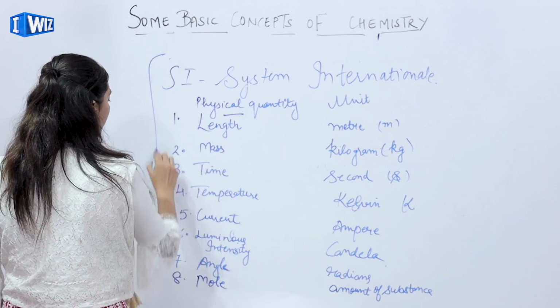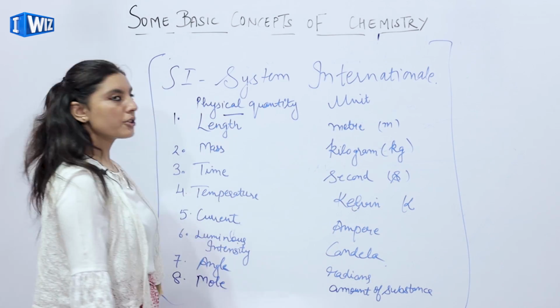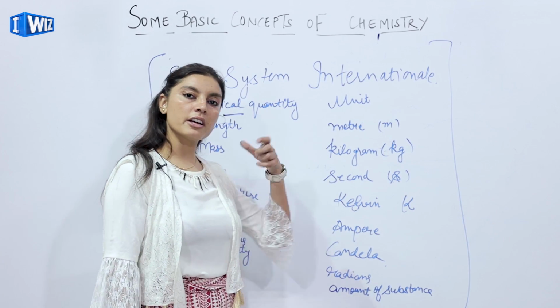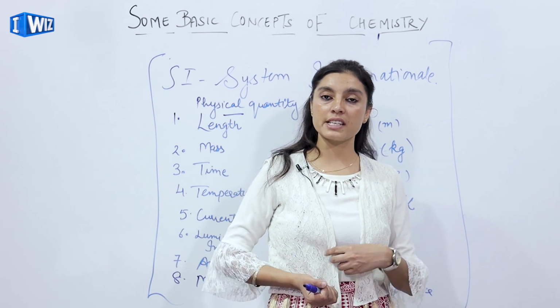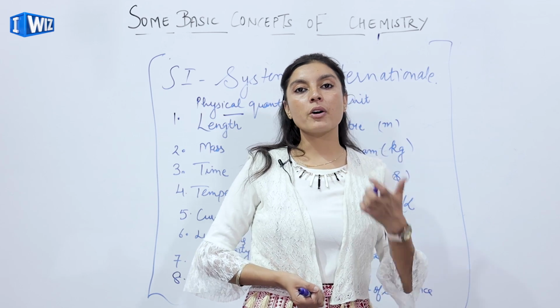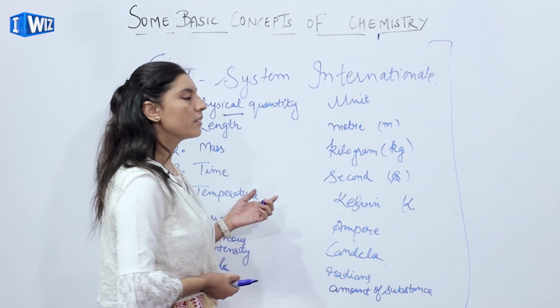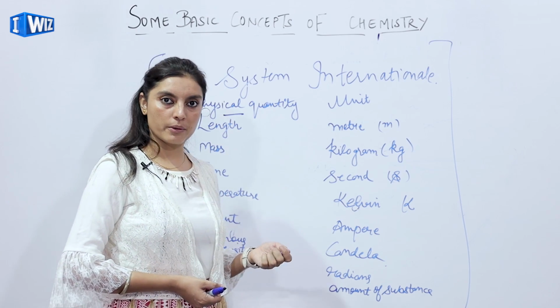So these are the units which fall under the System Internationale, and you will find its uses in the further chapters that we are going to study, whether related to chemical kinetics, chemical reactions, equilibrium or thermodynamics. We will find the uses of these physical quantities and units there.